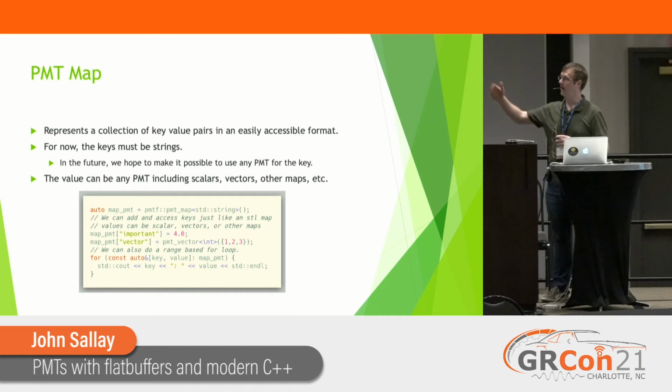For insertion, here in the middle, you don't have to already put something into a PMT to get it into the map. You can take, in this case, the map PMT important is equal to a scalar 4.0. It will automatically convert that to the right kind of PMT and put it into the map. You can also put PMTs in there. You can use range-based for loops. And again, the goal is that this feels just like you're using a standard template library map, but you can put any type of data that we can store in a PMT in there.